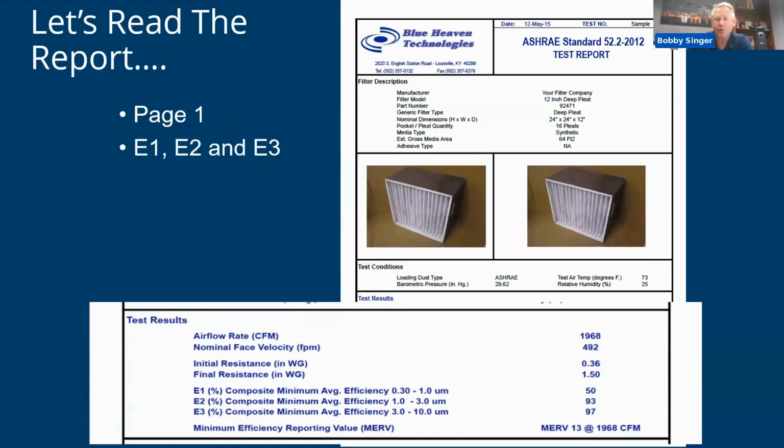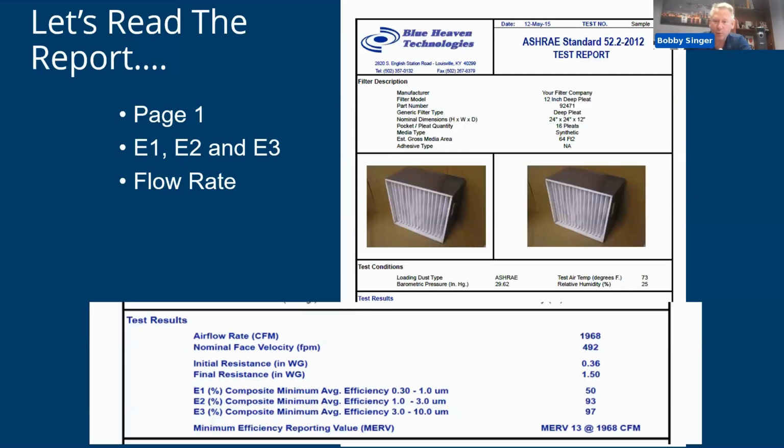It shows your E1, E2, E3, which we talked about, what ranges those are. The flow rate, which is really critical. ASHRAE allows for several different flow rates to be used. It's important. The MERV rating is at a specific flow rate. So you can take this MERV 13 filter, maybe test it at half the flow, and maybe it's a MERV 14.